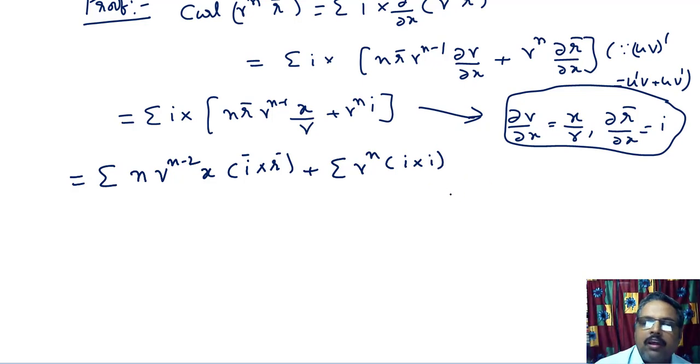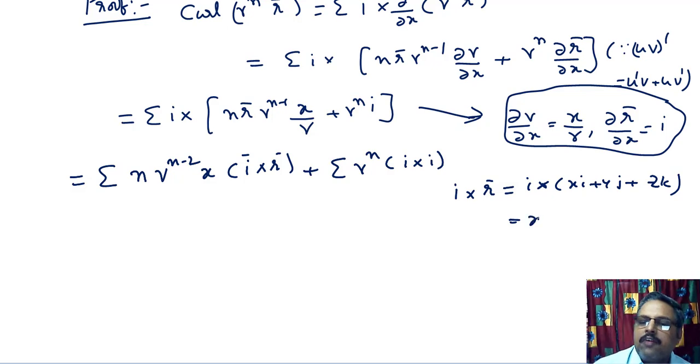Now, we are applying i cross r bar. What is i cross r bar? i cross xi plus yj plus zk. Then what do you say? x into i cross i is 0 vector plus y into i cross j equals k, and i cross k equals minus j.